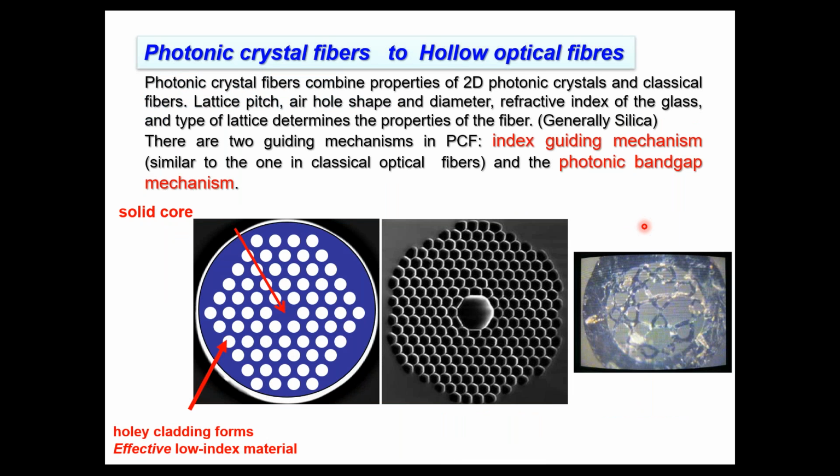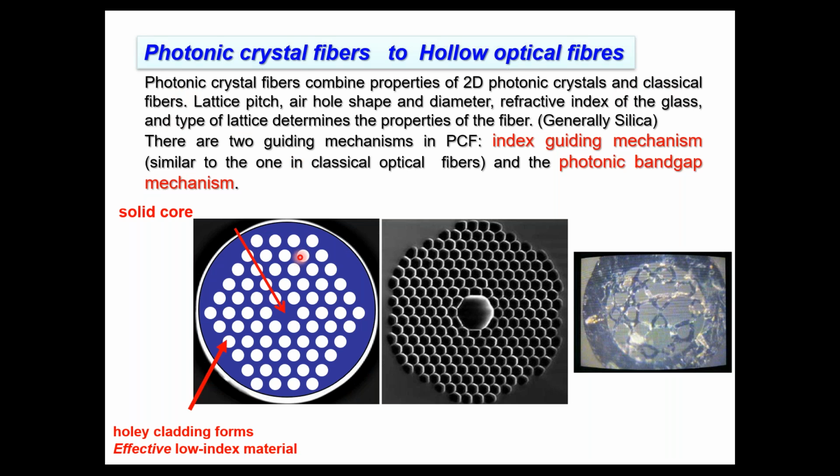One important type of fiber that is being studied worldwide right now is the photonic crystal fibers. It is an entirely different class of fiber which combines the properties of two-dimensional photonic crystals and classical fibers.